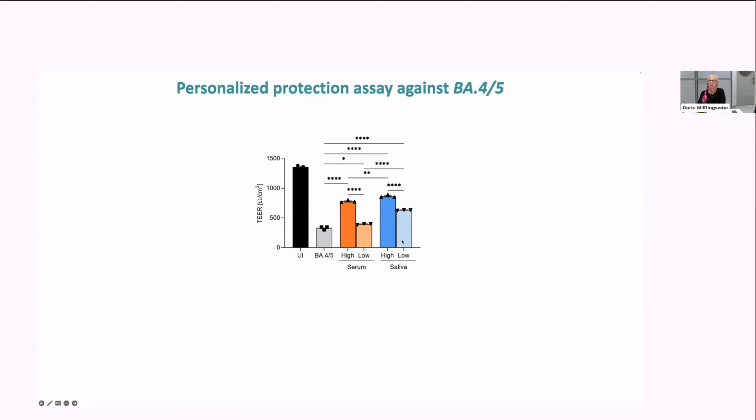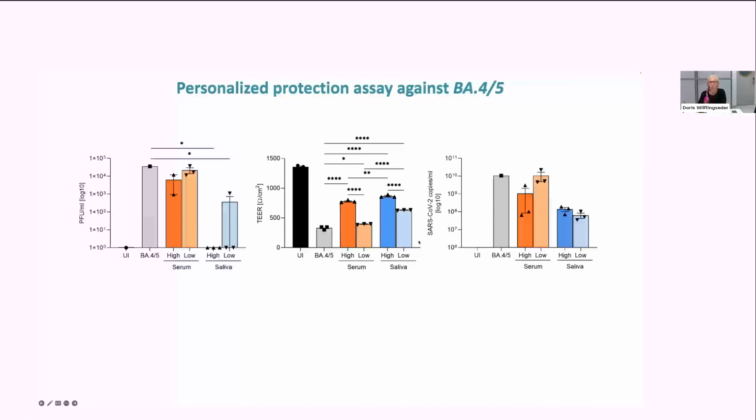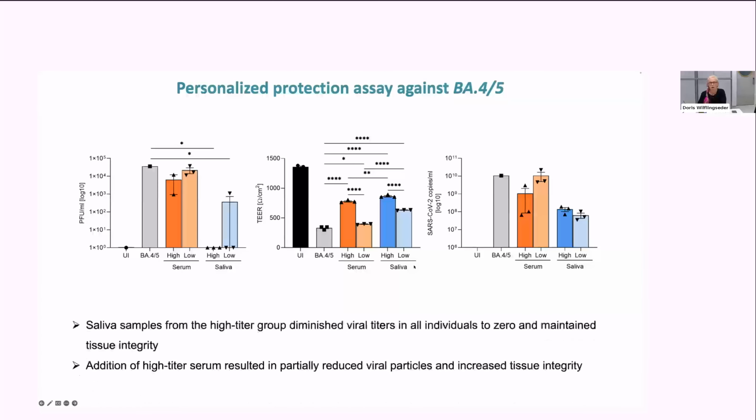What we could show was that saliva samples from the high titer group, shown here in dark blue, diminished viral titers in all individuals to 0 and also maintained the tissue integrity.